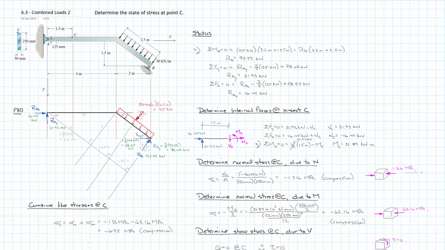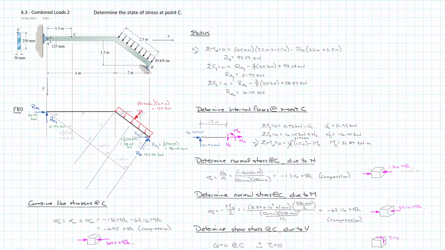And so for one last time, we're going to draw our differential element. We'll just draw it in there, and we'll put our normal stresses. We'll show them as compressive on that X face and give it a value of 64.5 megapascals. And so there we have really our first extensive application of combined loads.